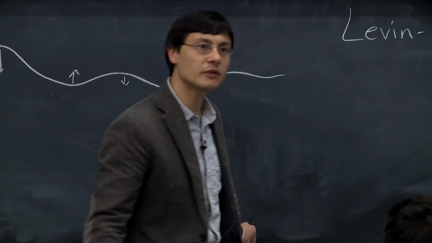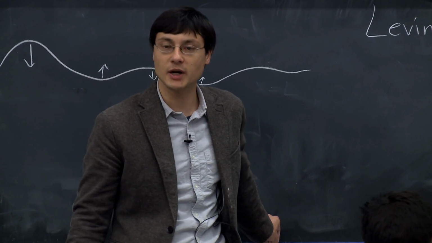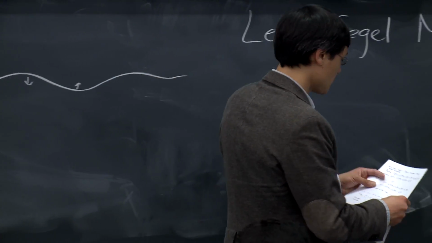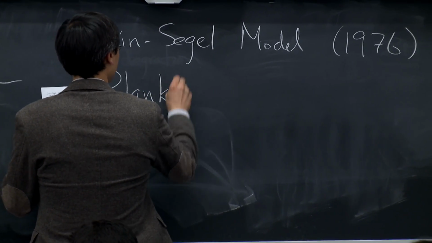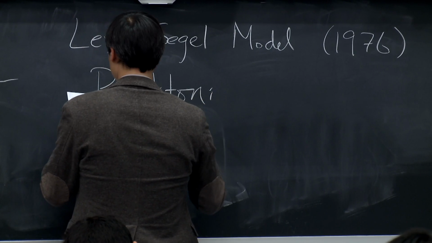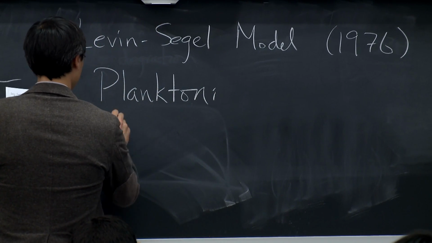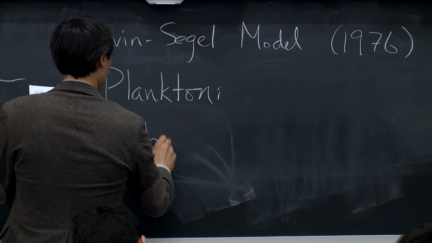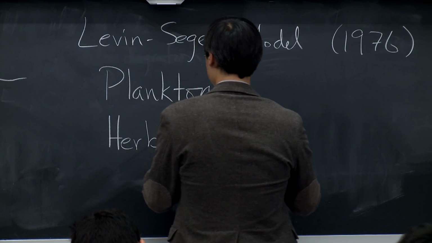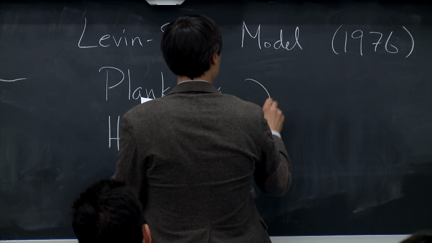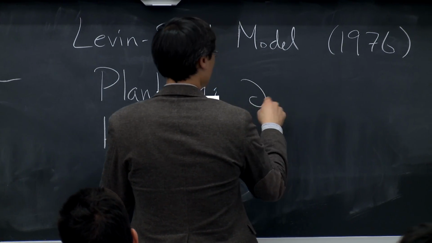We'll talk significantly more about predator-prey interactions in a few weeks, but I just want to write down what they said. This is a simplified version of their model. They were actually trying to think about some plankton-herbivore interactions. And this is the derivative with respect to time.